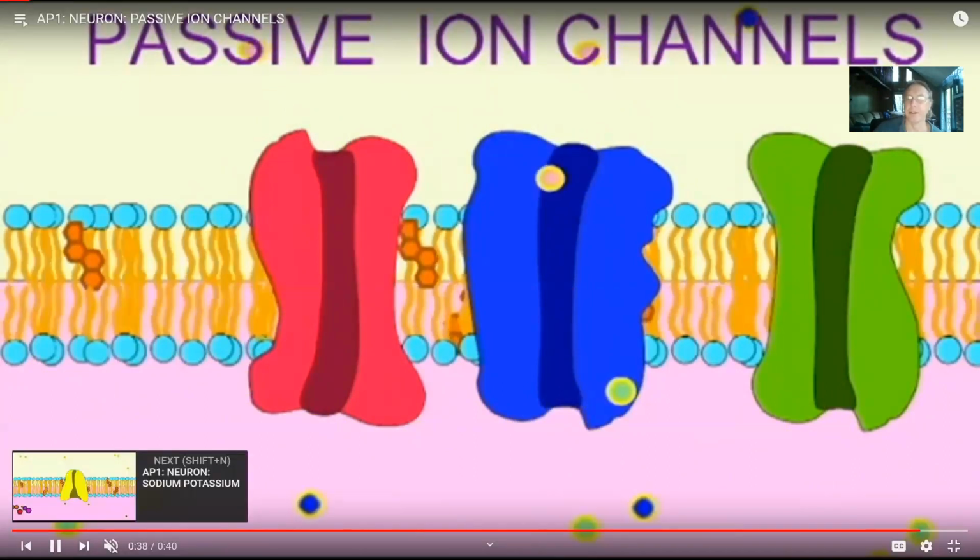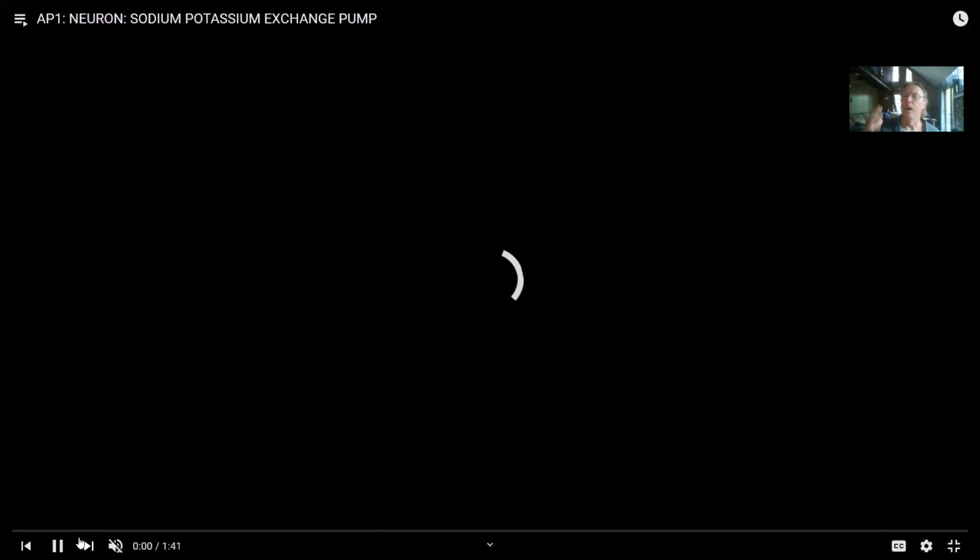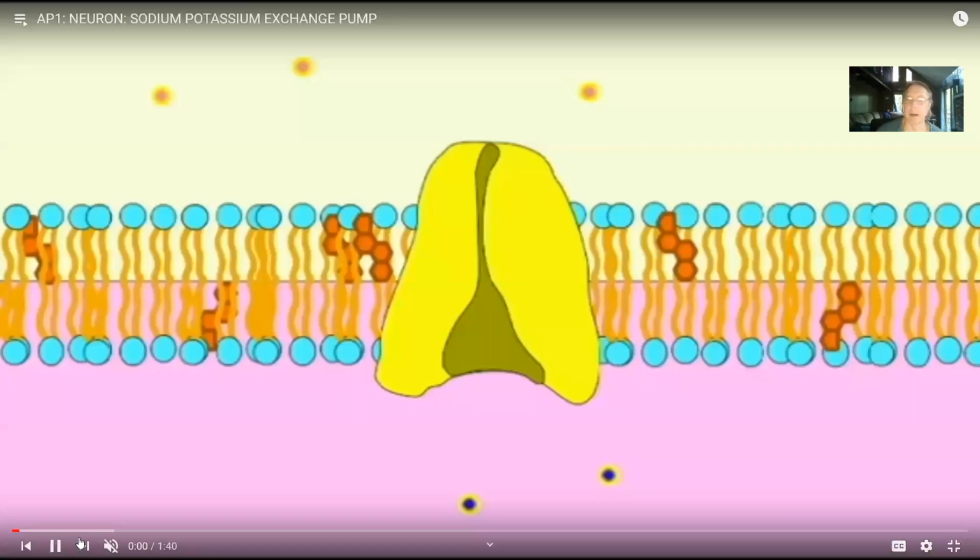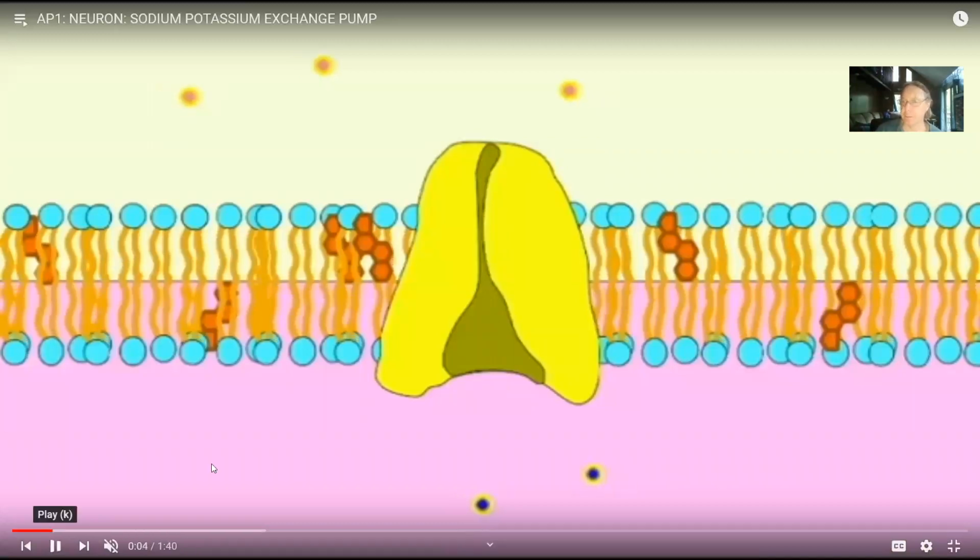And so this is under the decision of the cells themselves. Now, one of the most important proteins in the body is not a passive pump like seen in the previous videos, where ions can simply go from an area of high concentration to low through diffusion, but instead an active transport pump which uses ATP.